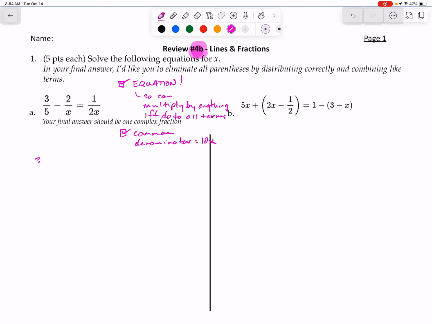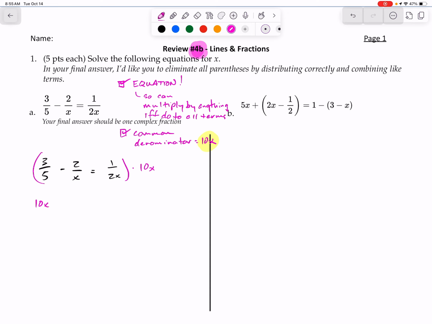So I'm going to do 3/5 minus 2 over x equals 1 over 2x. I'm going to take my common denominator and multiply by that, times 10x. And I like this because it does neat things for me. I do end up with something that looks like this. I'm going to write it out.